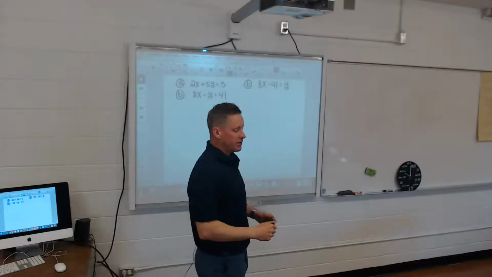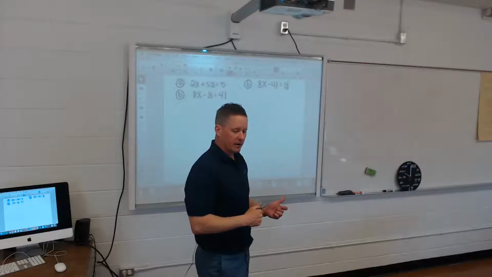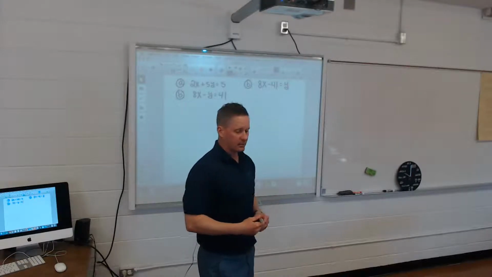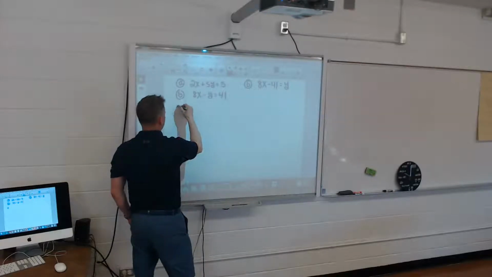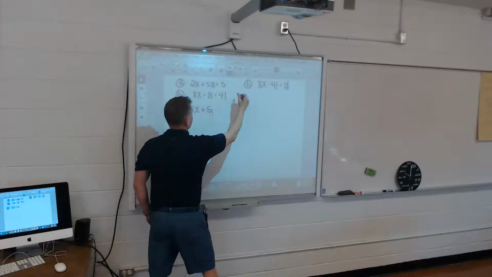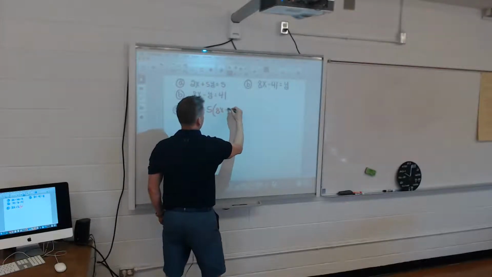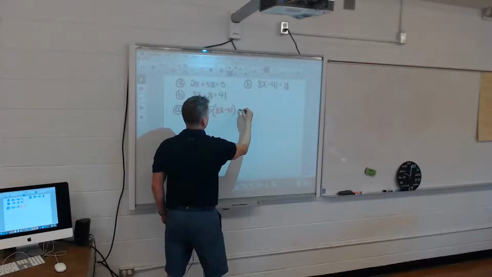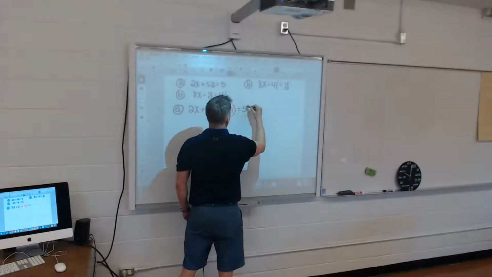So now what I can do then is where I have y in the first equation, I'm going to substitute 8x subtract 41 into it. So I go to 2x plus 5, 8x minus 41 equals 5.